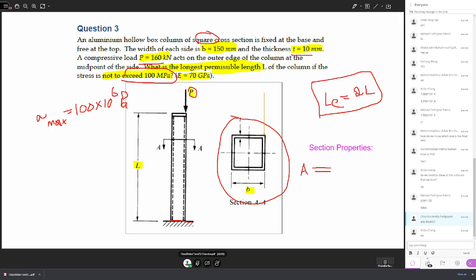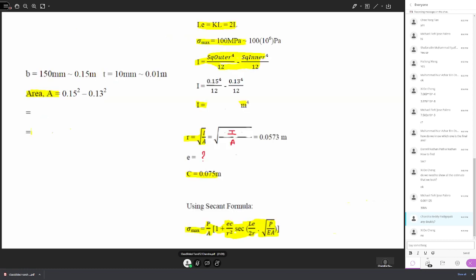I'll wait for your answer for A. Any of the calculations shown here? So area is the outer area, square, minus the inner area.